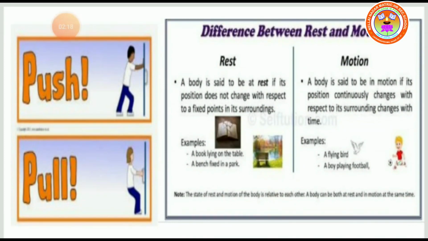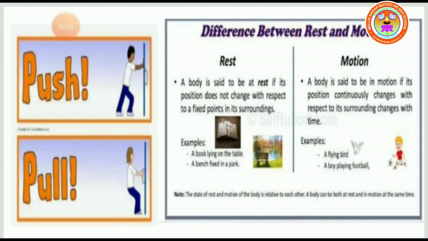Do you know, children, what is the meaning of rest and what is the meaning of motion? Suppose there is a book on your table right in the middle. Is the book moving? You will say it's not moving. It's at rest. That means an object in a stationary state is also said to be at rest.